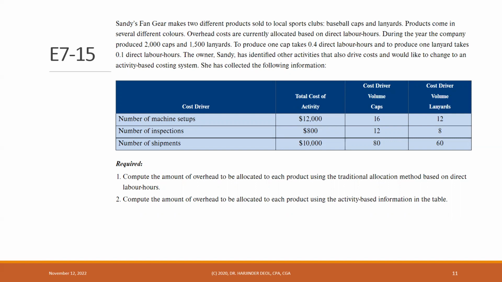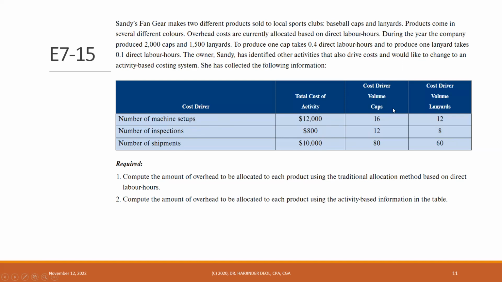The owner has identified other activities that can also drive costs and is considering a change to activity-based costing. We've been given information. There are three cost drivers: number of machine setups, number of inspections, number of shipments. We've been given the total costs for each activity. So this is the cost pool for machine setups, cost pool for inspections, and cost pool for number of shipments.